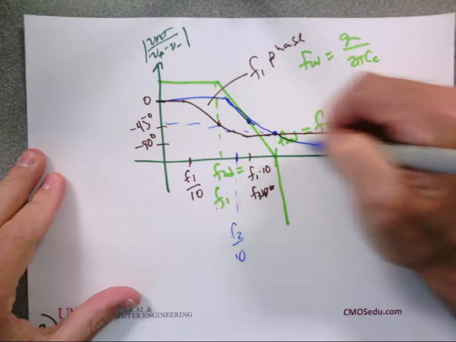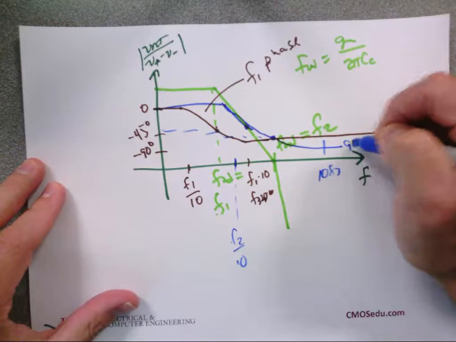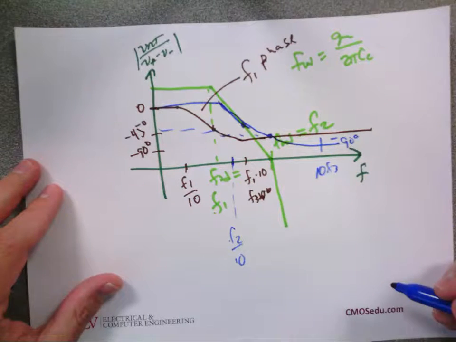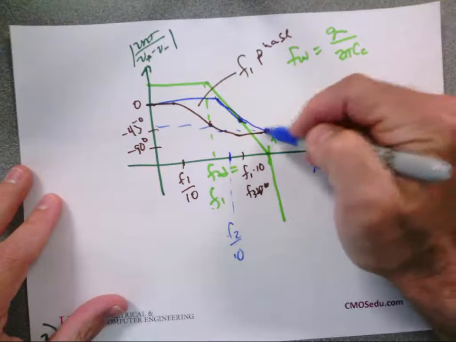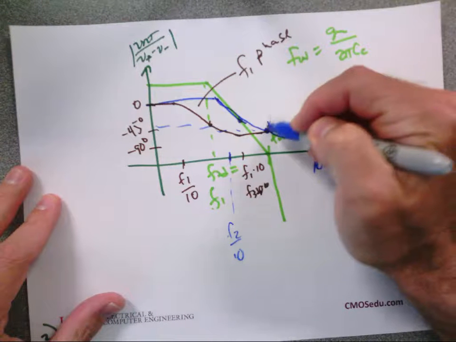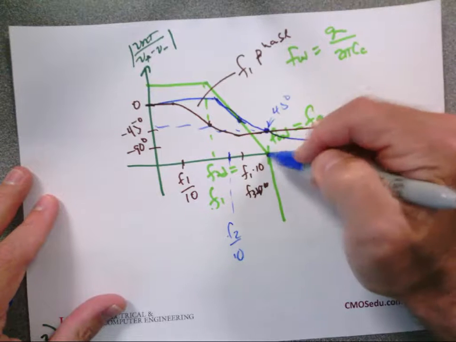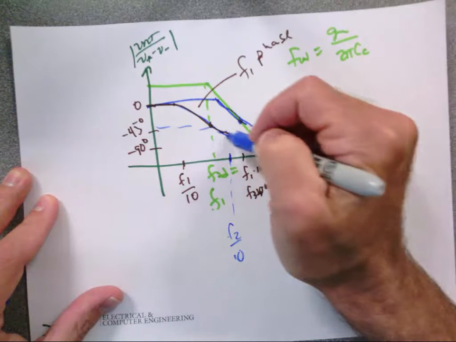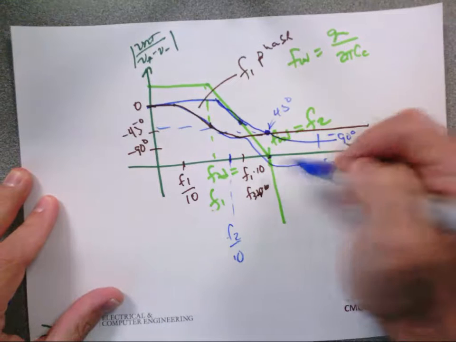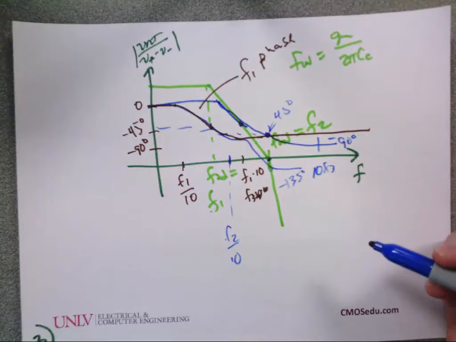And then we go to 90, which is 10 F2. Does everybody agree? So if these are far enough apart, I add these two together. So this would be, looks like 90, but it's supposed to be 45. I get a phase shift overall of minus 135. Does everybody follow that?